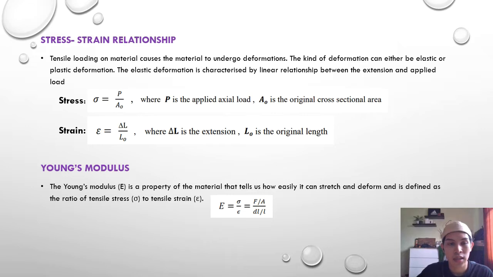Here you can see the formula for stress and strain. Next is Young modulus. The Young modulus is a property of the material that tells us how easily it can stretch and deform, and is defined as the ratio of tensile stress to tensile strain. And also for this one, you can see the formula for Young modulus.